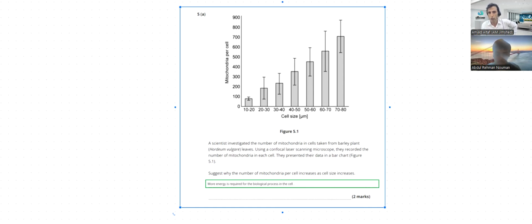So one point that you need to add is the greater volume, and the other point is that mitochondria are the site of aerobic respiration, because we have to link its function. The function of mitochondria is that it's the site of aerobic respiration, right?